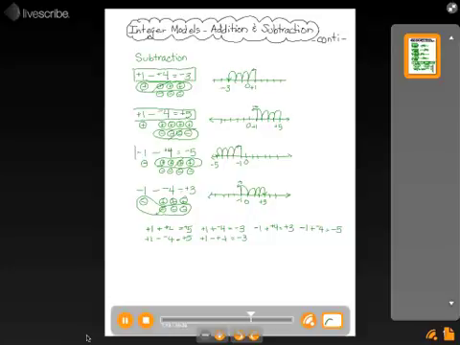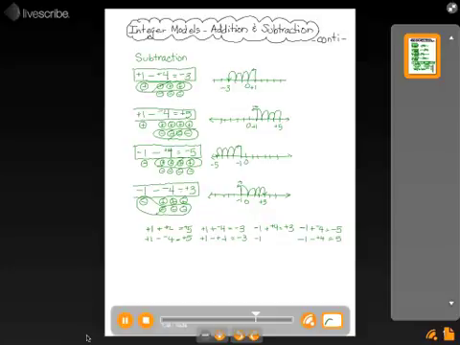Then we have a -1 minus a +4 is equal to -5. Well, here's -1 minus a +4 is equal to -5. And finally, -1 minus a -4 is equal to a +3.